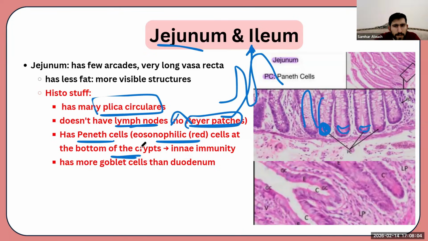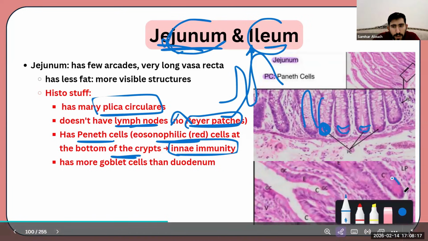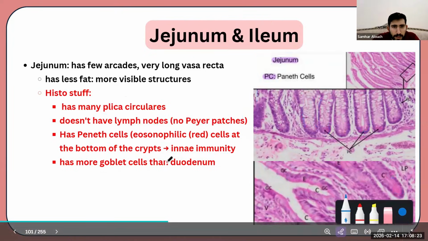There is a name for it, crypt of Lieberkühn, I have it in one of the slides. And what are they? They are important for innate immunity. Are they only in jejunum? No, they are in jejunum and ileum. So both jejunum and ileum have Paneth cells, which are these eosinophilic cells at the bottom of the crypt. And jejunum, of course, has more goblet cells than duodenum.